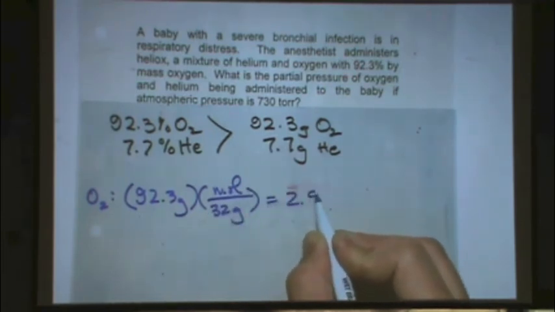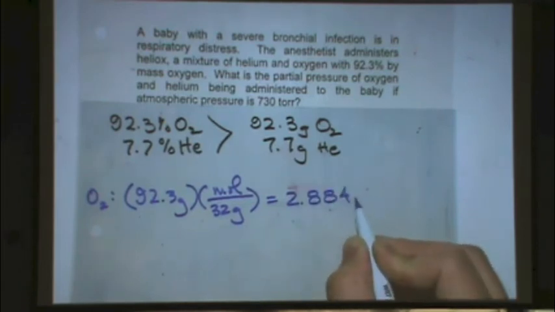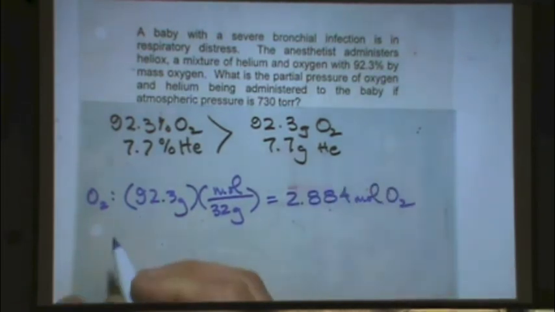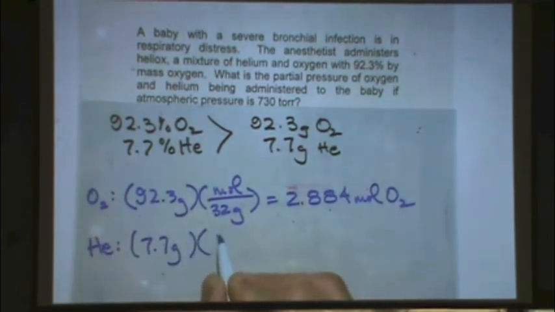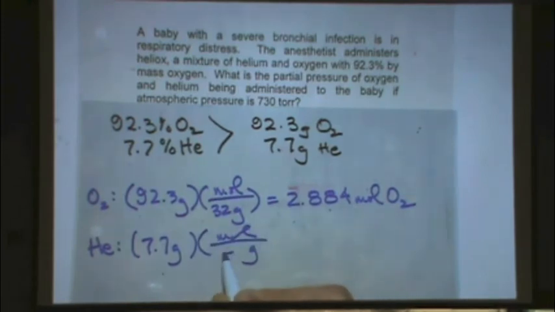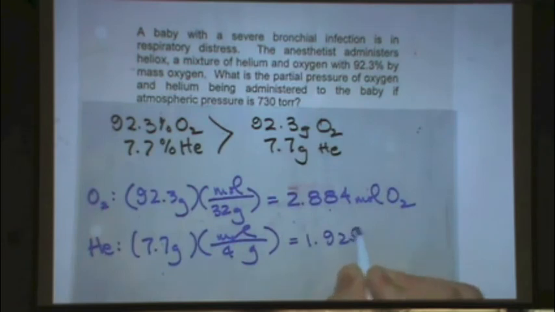That's going to turn out to be 2.884 moles of oxygen. For helium, it's 7.7 grams. The molar mass is 4, and this is 1.925 moles of helium.